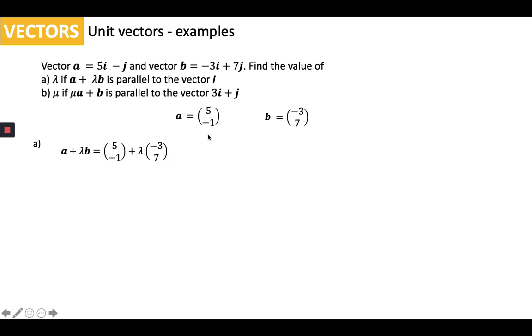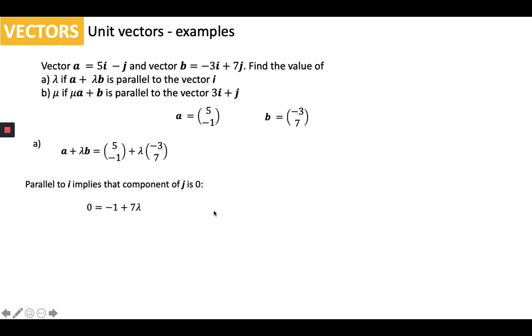Okay. Now if I think about it, if it's parallel to the vector i, that means my vector is only going horizontally. That implies that the component of j will be 0. The only way a vector can be parallel to the vector i is if the component of j is 0. If the component of j is 0, that means that along the bottom here, my equation would equal 0.